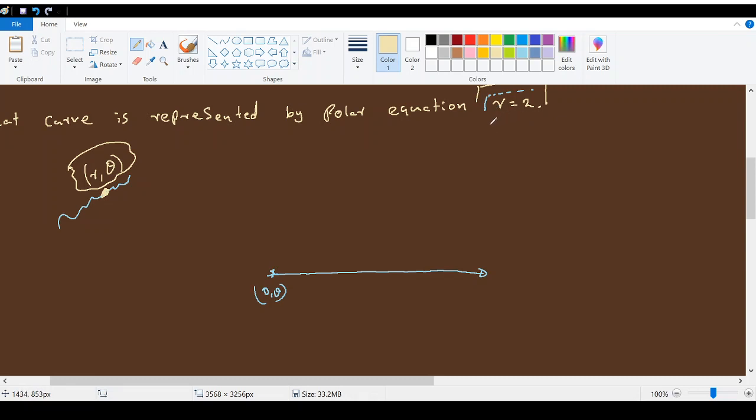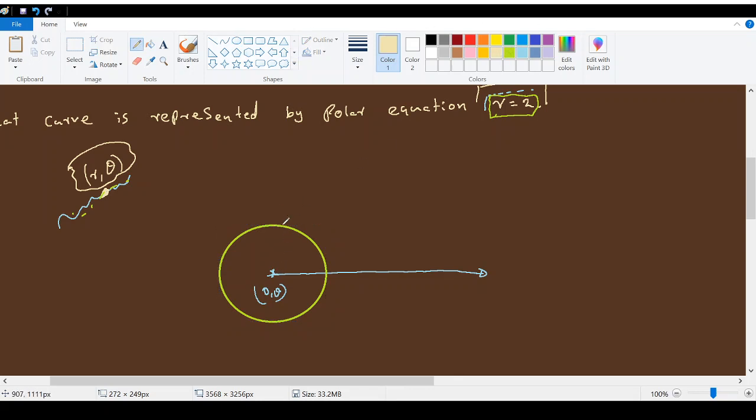Since in this given equation there is no mention of theta, the only requirement is this relationship. In other words, we have to choose all the points that satisfy this equation. Whatever point we choose should have a radius of 2. Hence, it will be a circle centered at the pole with radius 2, right?